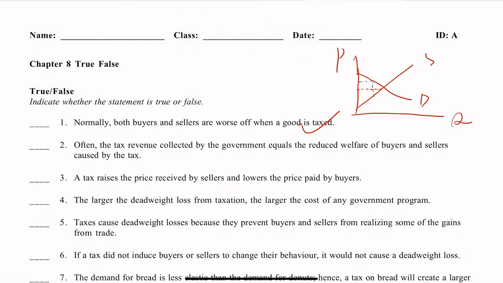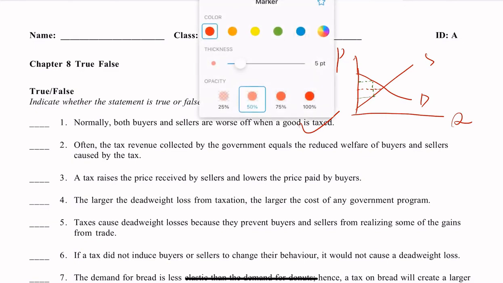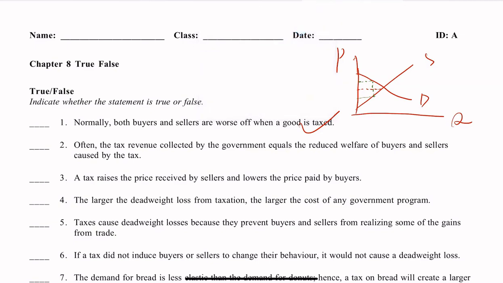Now you can see that buyers will have to pay a higher price, and sellers will receive a lower price. So you can see that the reduction in consumer surplus is given by this yellow area, right? And the reduction of the producer surplus is given by this green shaded area.